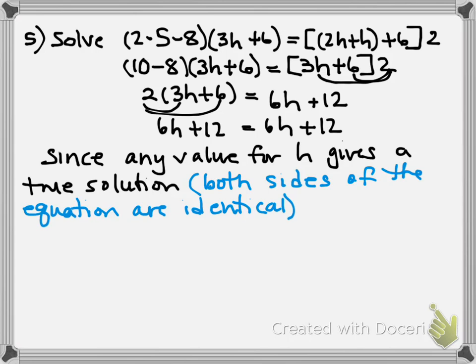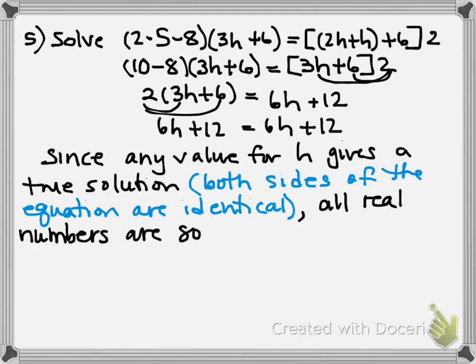So that's the uniqueness of this one. Since any value for h gives a true solution, all real numbers, that means every single number you've ever studied, are solutions, because you're putting the same number in on both sides on the same exact expression to get the same exact answer. Okay? So how do we write the answer?